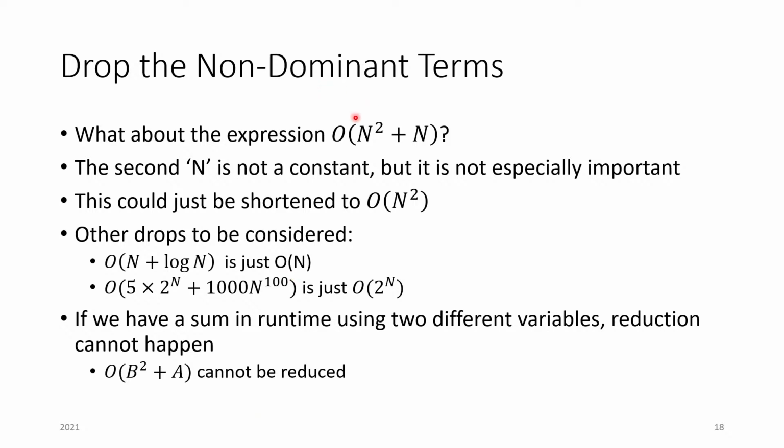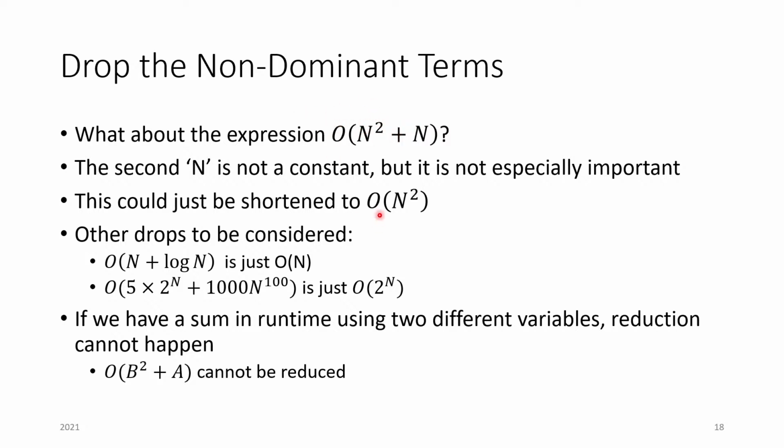What about if we have expressions where we have n terms adding to each other, or maybe subtracting or some other sort of fashion, right? If it's going to be O of n squared plus n here, this plus n is not a constant, but it's also not very important, because the n squared here takes priority.